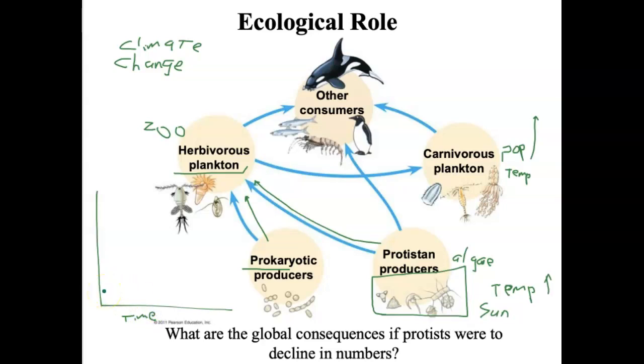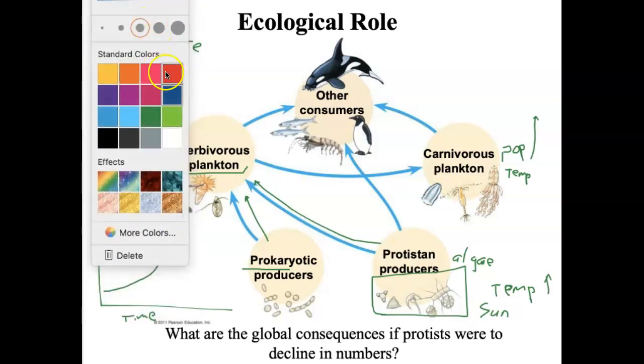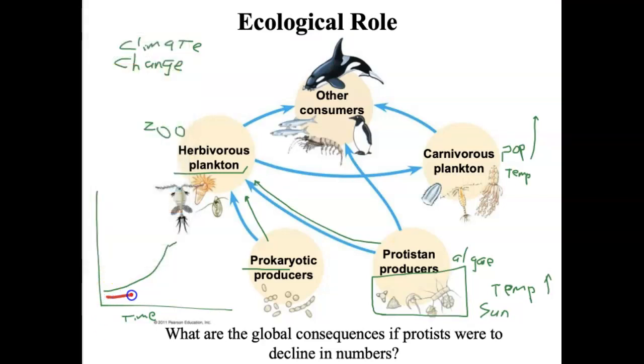The protist population would do this, and it'd go up. The carnivore population would do this. It lagged behind, and then once there was enough protists, then their population would start to grow because there's enough food for the herbivores to eat, and the plankton to eat the producer base.